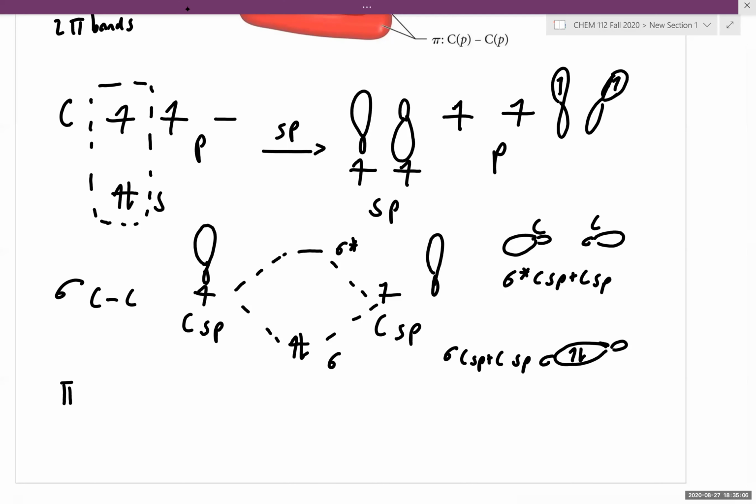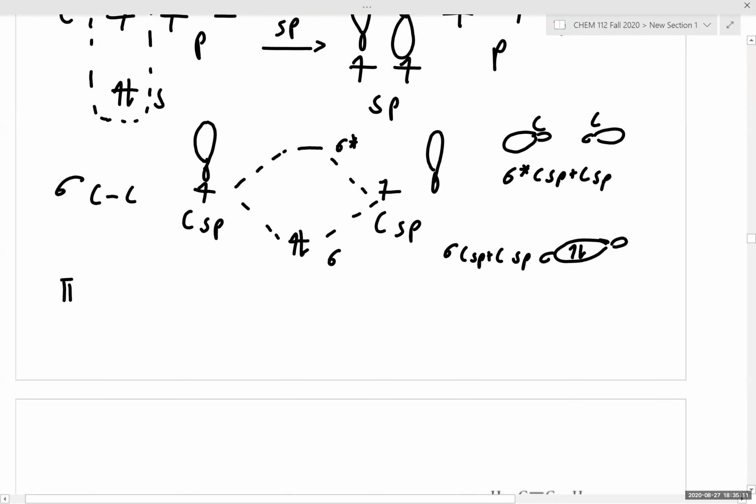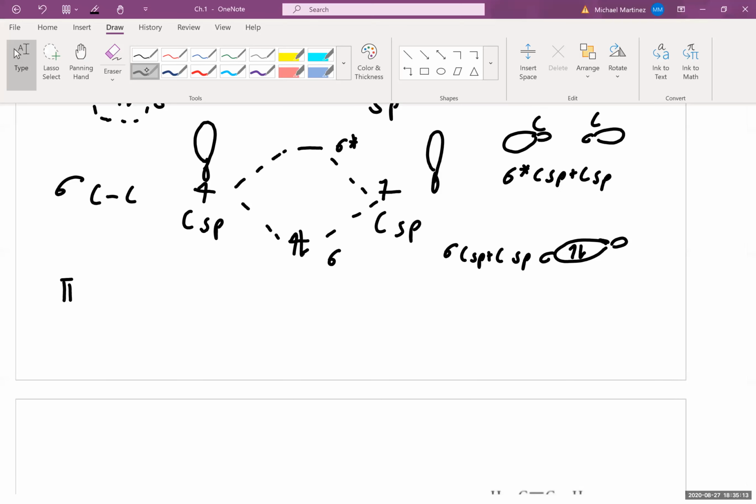The 2 pi bonds that we're dealing with will be very different in terms of 3-dimensional orientation.